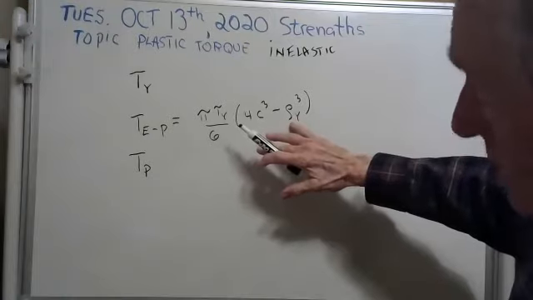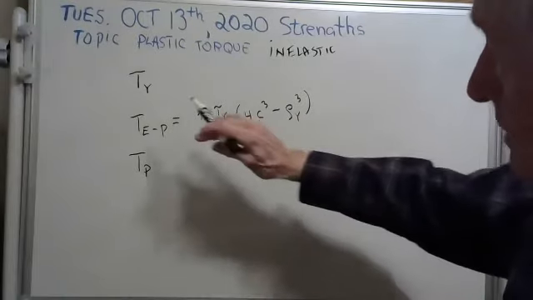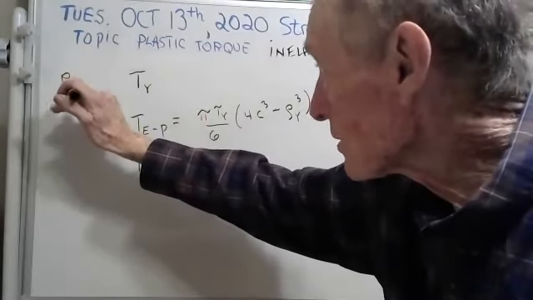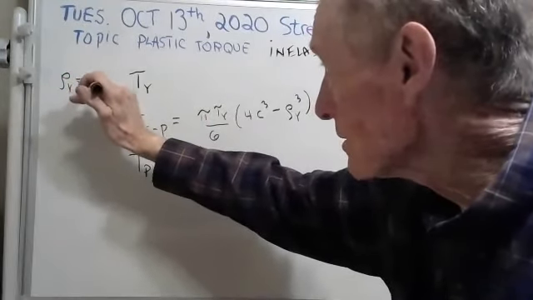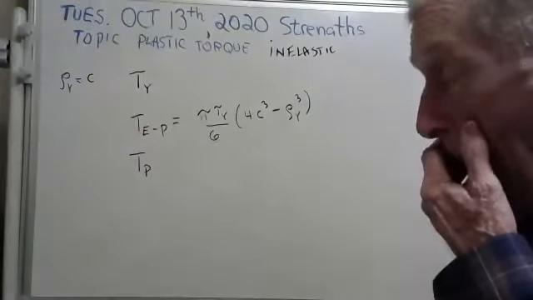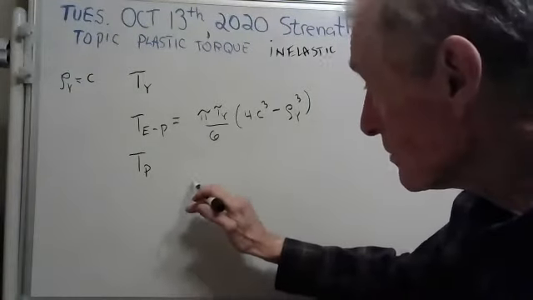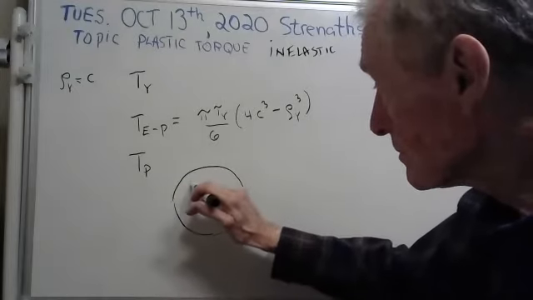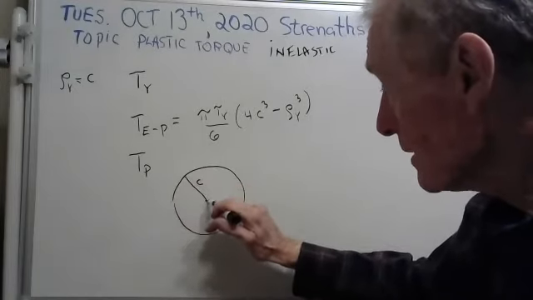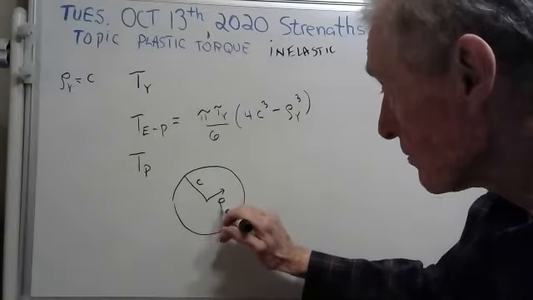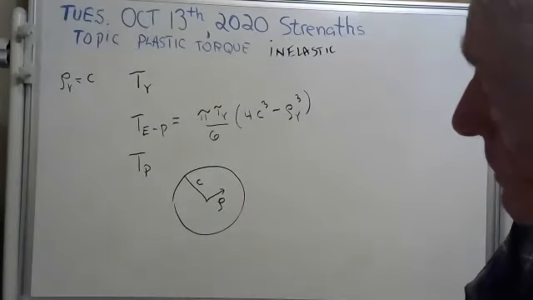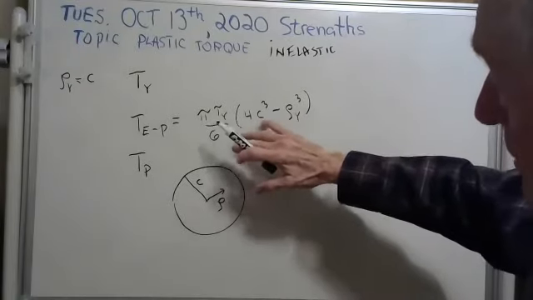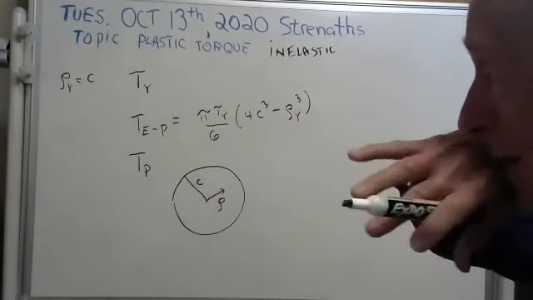The radius of the elastic core is equal to c. Here, let me write it. The radius of the elastic core is the whole radius c. Do you remember they decided to call this radius c, and any other radius they called it rho? Well, if the whole thing is elastic, and that's a c, you got 4c cubed minus c cubed.